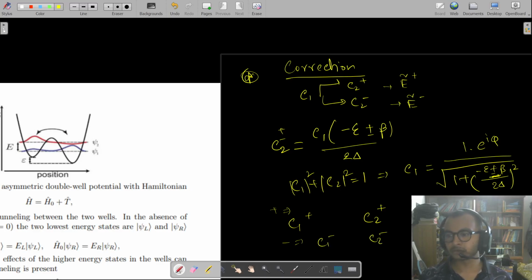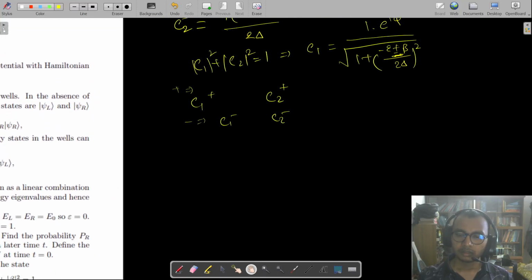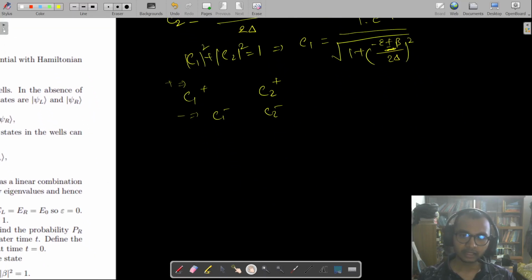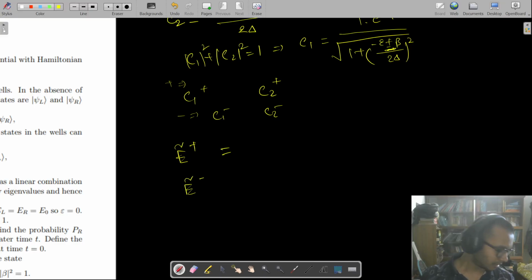So you do get two different sets of C1 and C2, and the corresponding values of energy are there. If that is the case, we want to recalculate the values of the energies. Notice for the plus, it should be this thing.